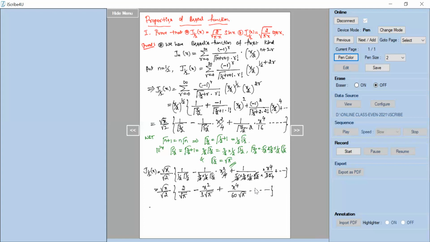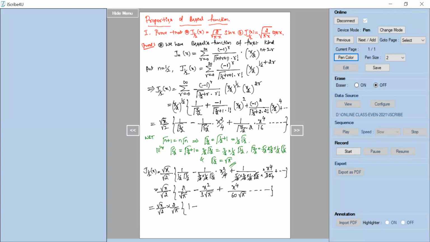I'll take root pi along with this 2 also common for further simplification. I'll write this as root x by root 2 into 2 by root pi. We will take it outside. If I take this first term outside, 2 by root pi, this becomes 1 minus.